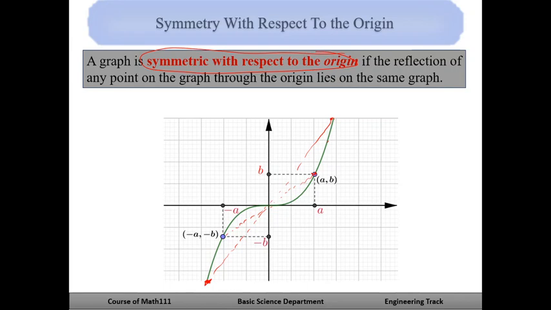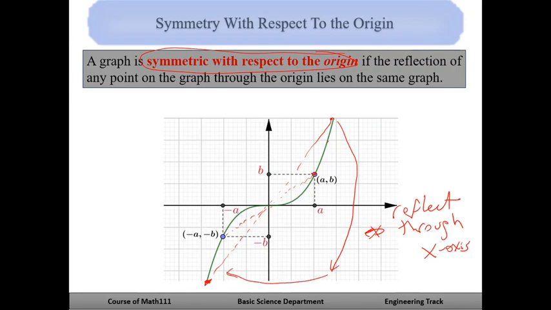Or you can say, if you do this, reflect with respect to the x-axis, then reflect through y. If you get the same thing here, then it's symmetric with respect to the origin.